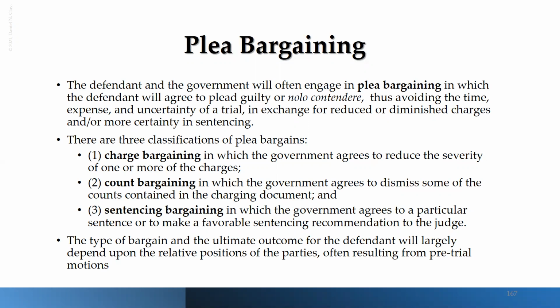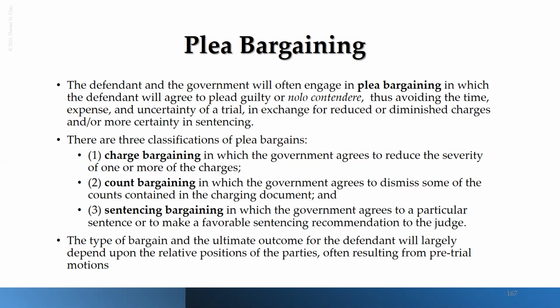You say, Judge, we've agreed that he'll plead guilty, but he will receive a sentence of probation. Now, judges aren't usually too happy with these types of pleas where there's a definite sentence, because that's their job, and basically you're taking away their job. But most of the time, if it's a fair sentence, they're going to agree to it. Like, if both parties are cool with it, why do I care?